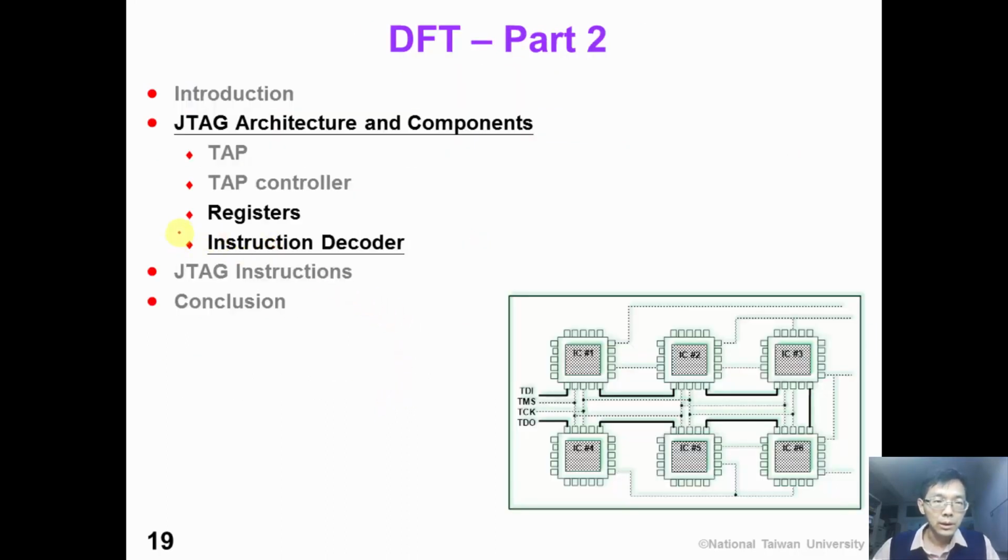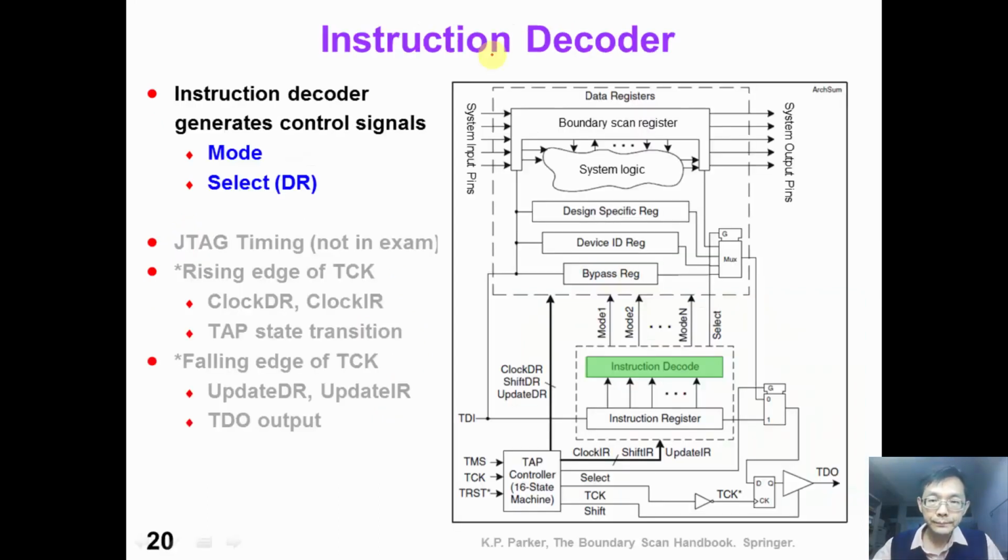Finally, let's talk about the instruction decoder. This slide shows a nice summary of the JTAG components we have introduced so far. On the top, in this dashed rectangle, it is data register. We have boundary scan register, bypass registers, and the other optional registers.